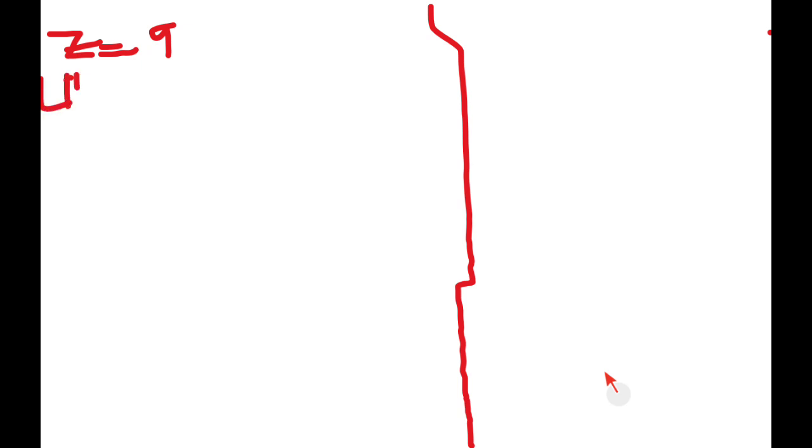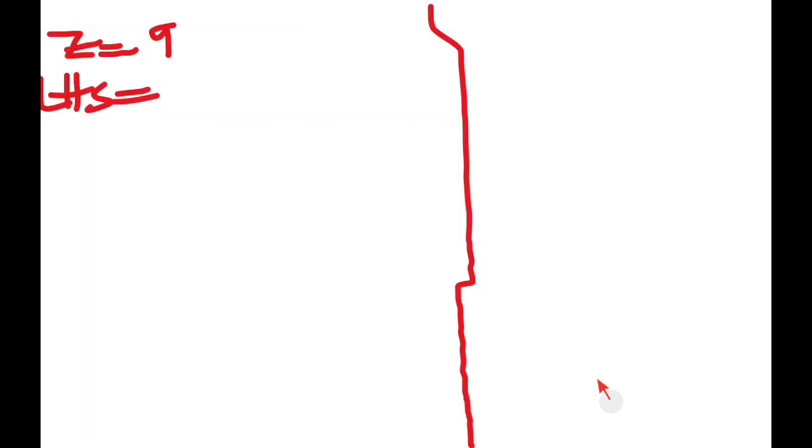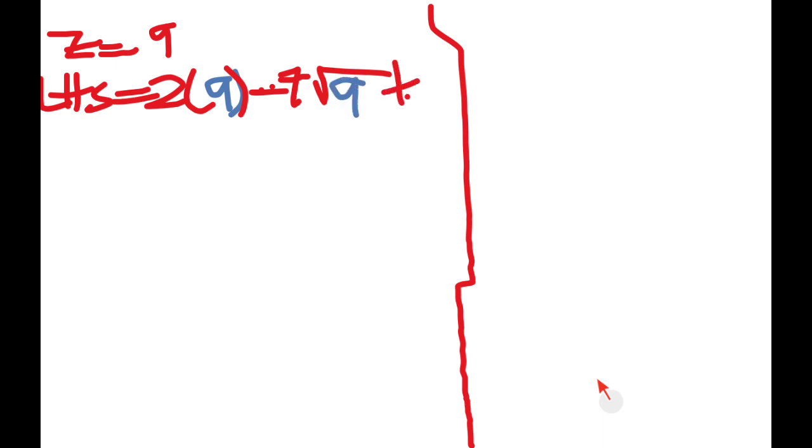Left hand side is equal to 2z. Where there is z, we substitute 9. So that's 2 times 9, minus 7 square root of 9, plus 3, which is equal to 18.